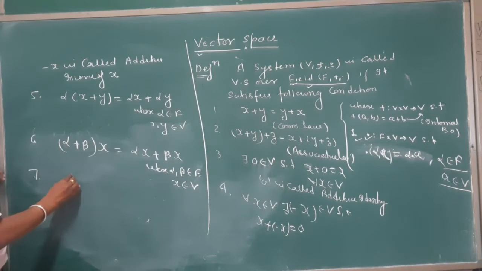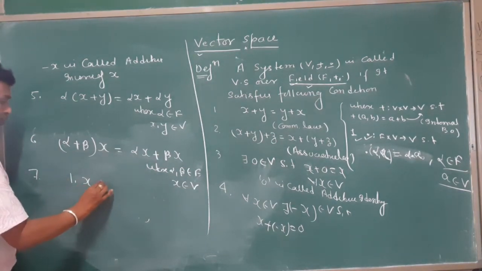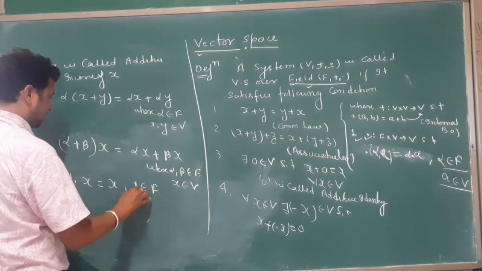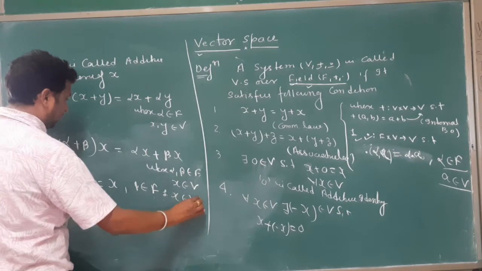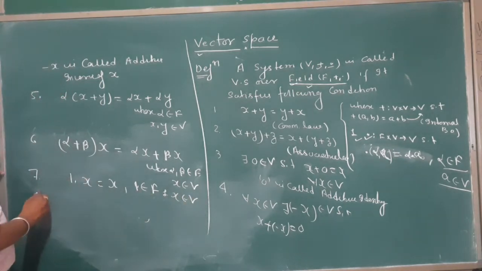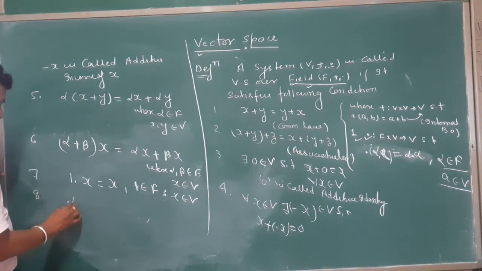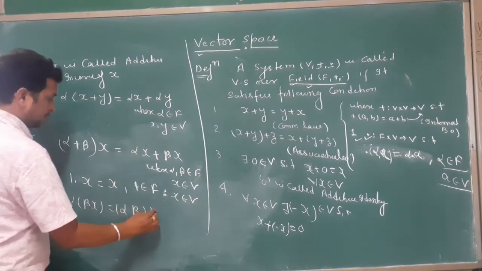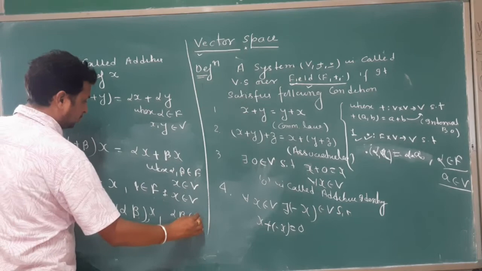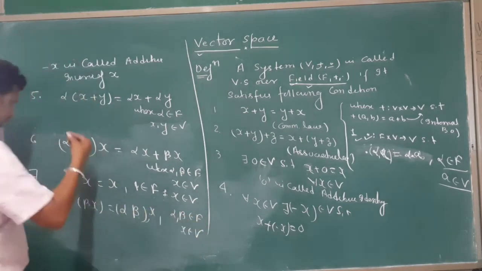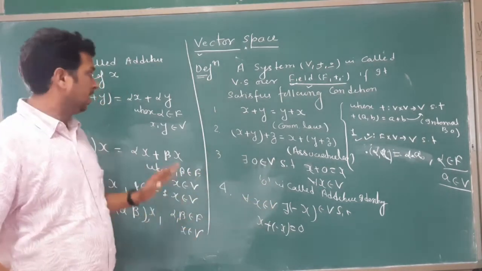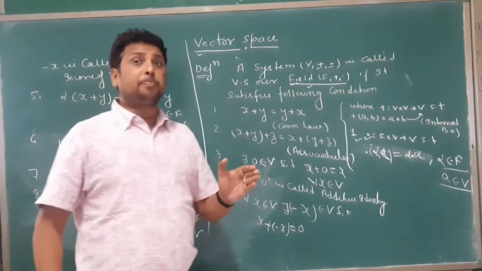The seventh one is 1 dot x is equal to x, where 1 belongs to the field and x belongs to V. 1 must belong to the field. And the eighth: alpha of beta x is equal to alpha beta of x, where alpha, beta belong to the field and x belongs to V. So these are 8 properties, 4 for the internal binary operation and 4 for scalar multiplication.